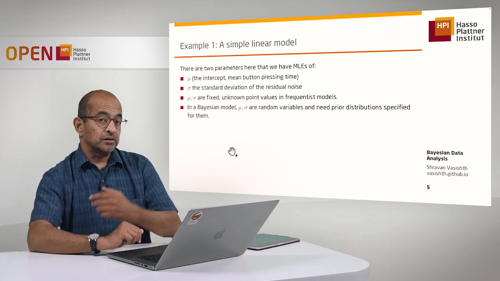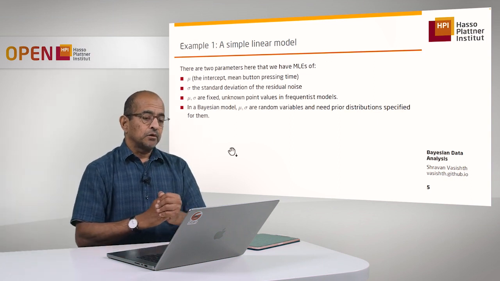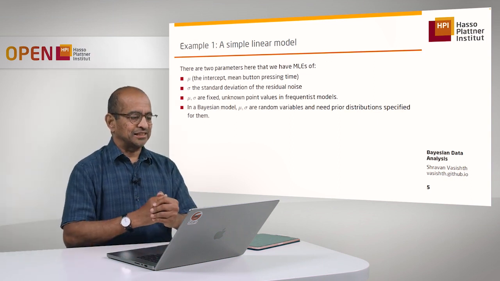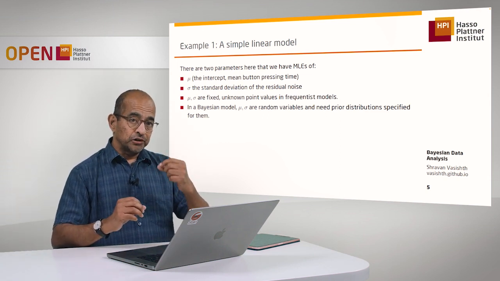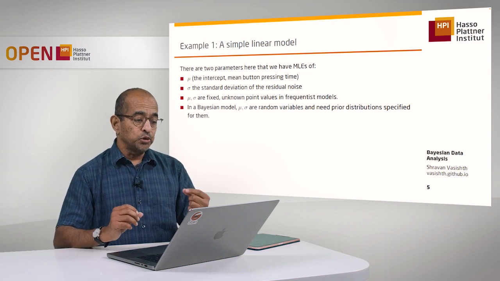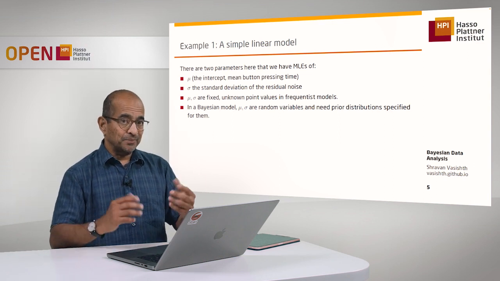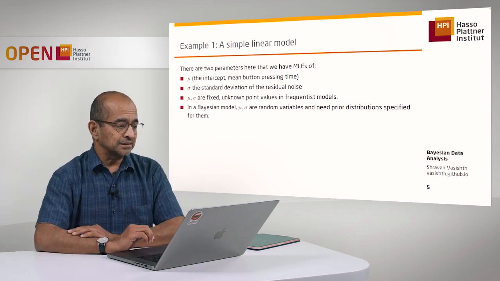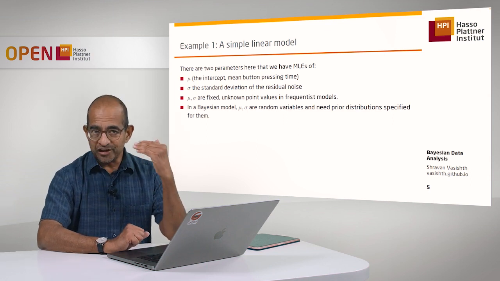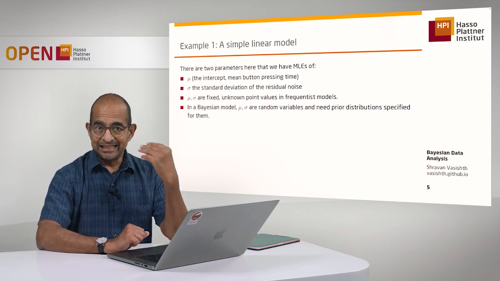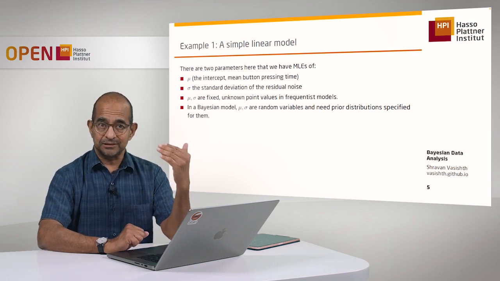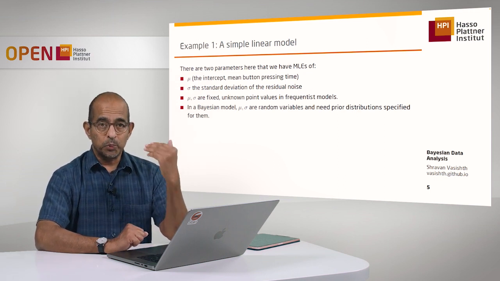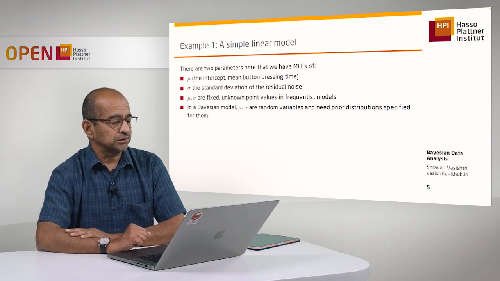Very simple. Now in the Bayesian world, we don't just have the maximum likelihood estimates. We are going to define priors on the mu and sigma parameters, because for us, as Bayesians, these are not unknown point values out there in nature. These have prior distributions on them. Even the parameters in a Bayesian framework will have a probability density function associated with them.